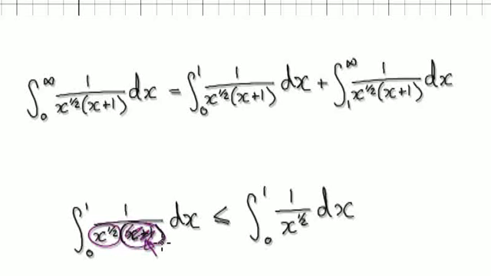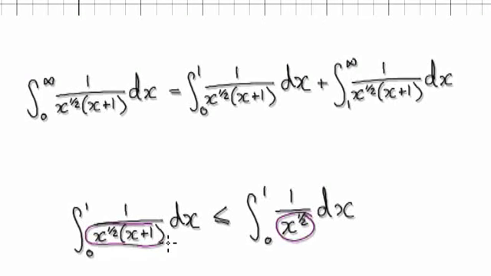Well, if you omit this thing here, because it is slightly above 1, then this denominator here will be smaller than this denominator here, because you've just omitted something that's slightly bigger than 1.